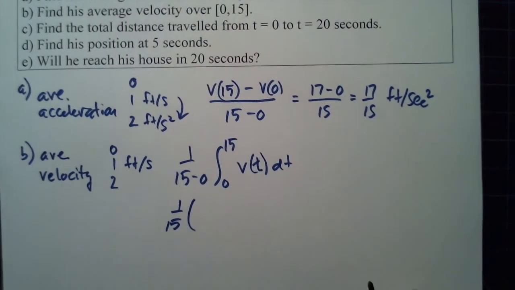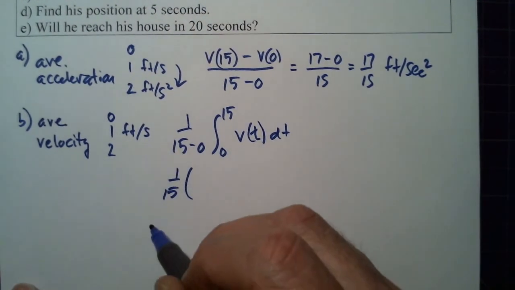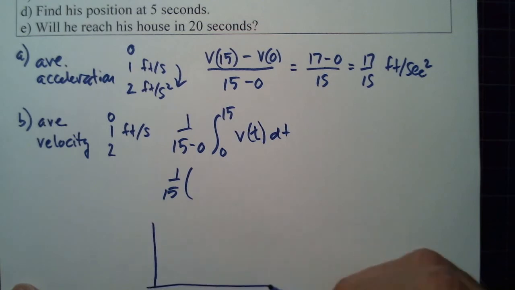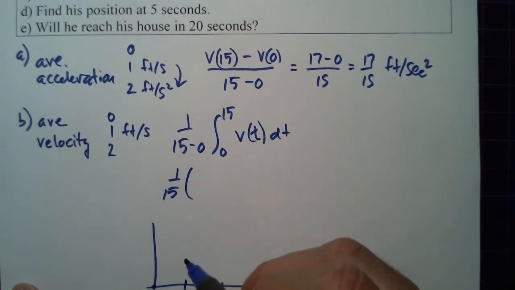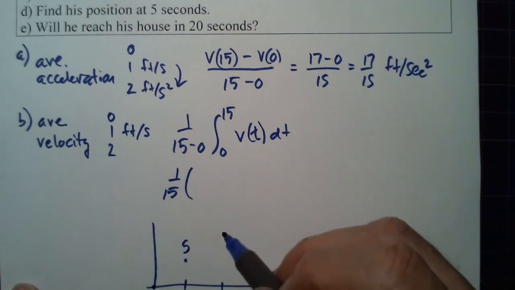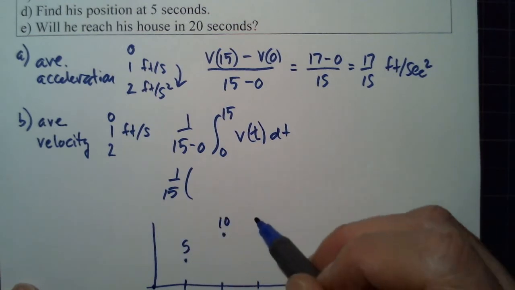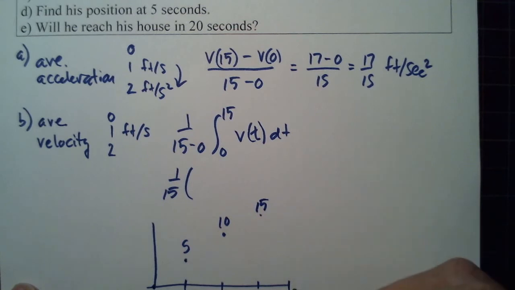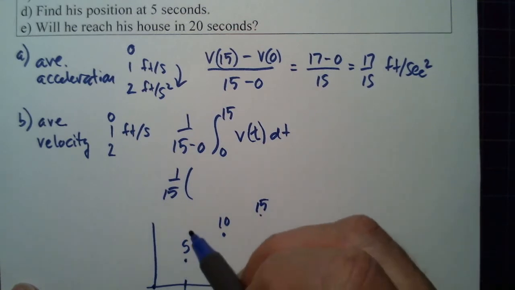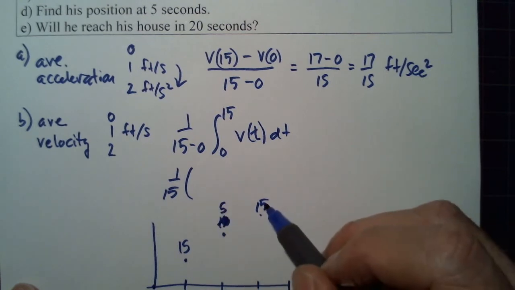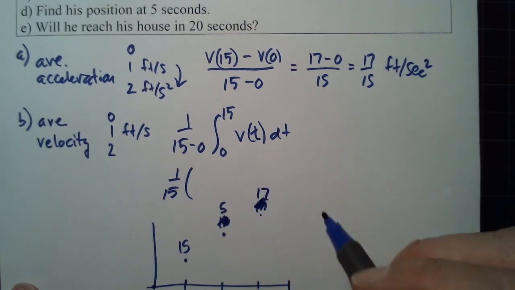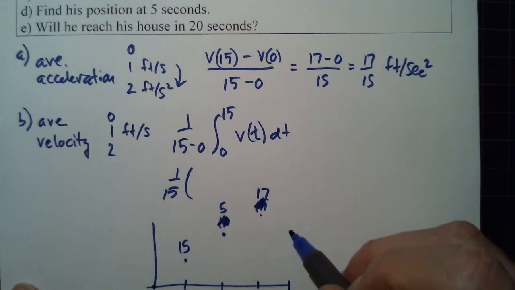Let's look at what the graph would be. And we have values of 0, 5, 10, 15, oops, 0, I was reading the wrong ones, 5, 17, and 3.